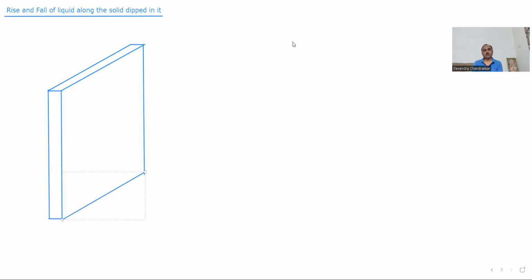Now, this glass plate is dipped inside a liquid, let's say water, and the water will rise along this glass plate. So this is how it looks like. This is the layer of water, the topmost layer of water which is rising along the glass plate.